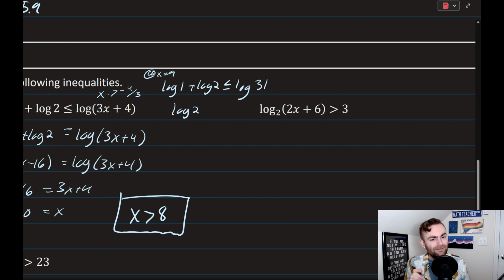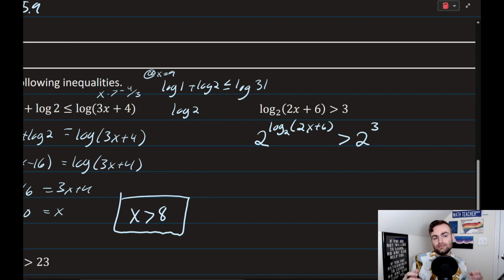Next one, we don't have as much of a problem with because there's not 3 logarithms in the equation. How I recommend solving these inequalities is using the one-to-one property with exponentials. So how I recommend solving this is 2 to the power of log base 2 of 2x plus 6 is greater than 2 to the power of 3.